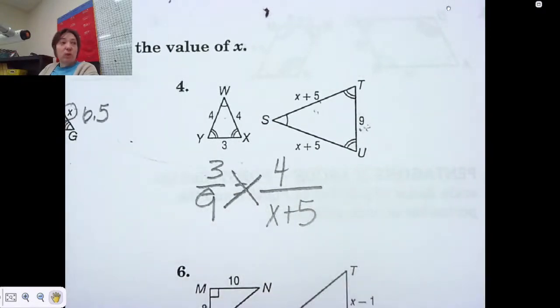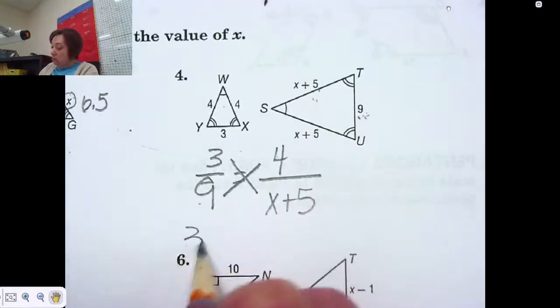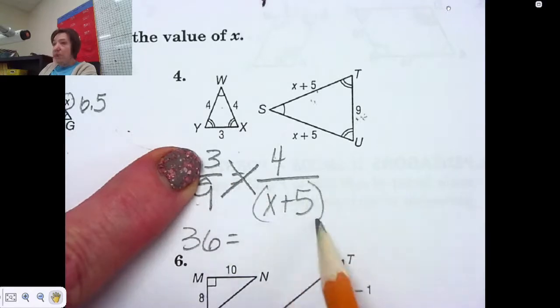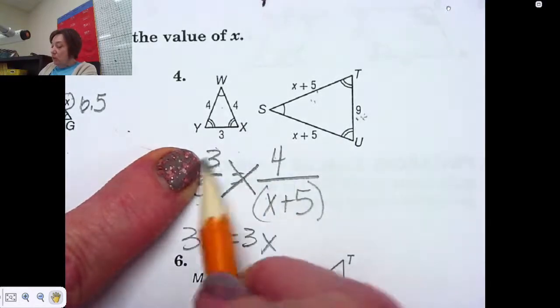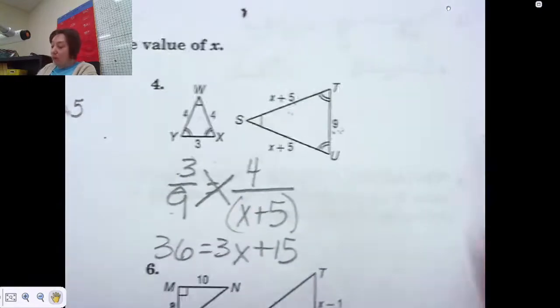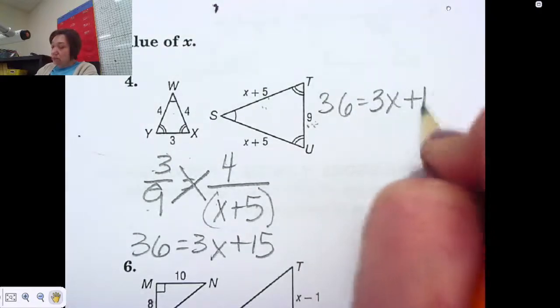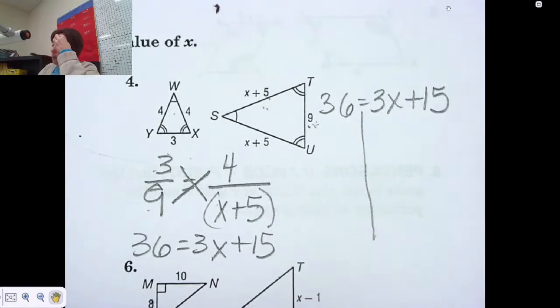And then remember how we solve these? We cross multiply. So that means we're going to have 9 times 4, 36. And then 3 times all this stuff. So 3 times x and 3 times 5. Just like that. I'm going to have to jump mine up here. I ran out of room. And then we have this very basic little equation that we can solve.